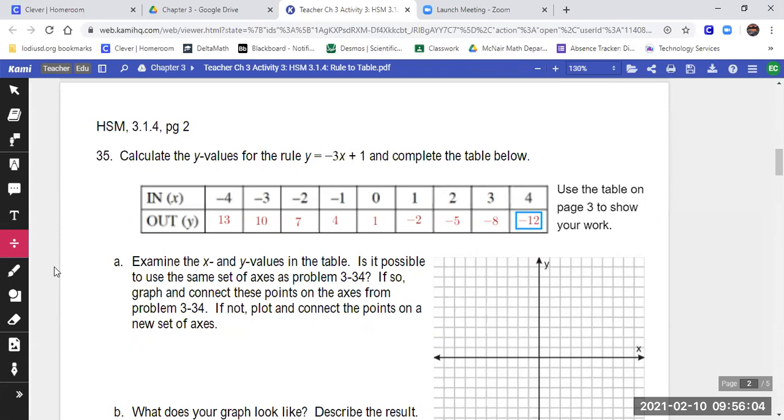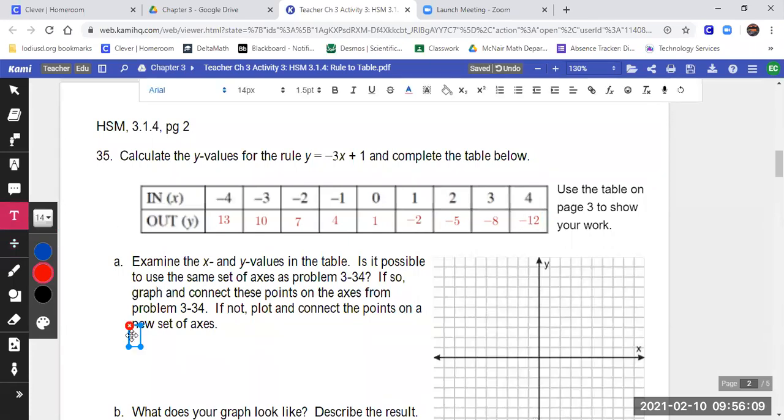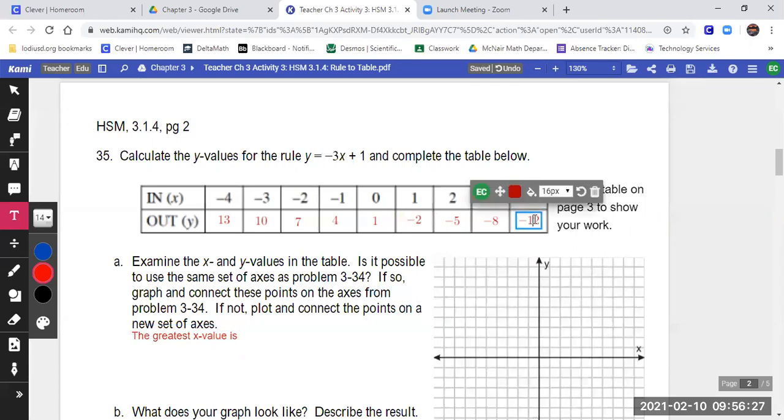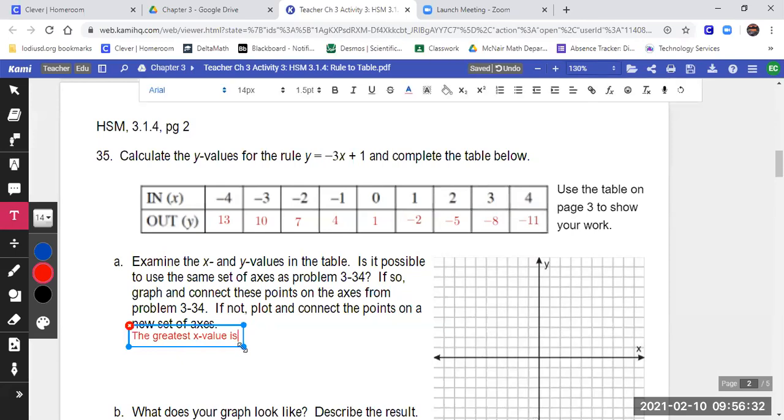Our greatest X, our greatest Y, our lowest X, our lowest Y. So the greatest X value is, what was our greatest X value for this table? 4, okay?